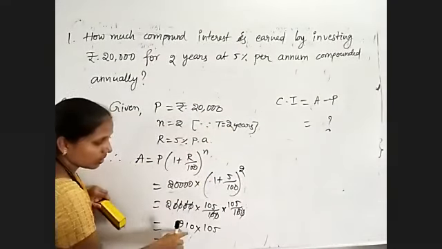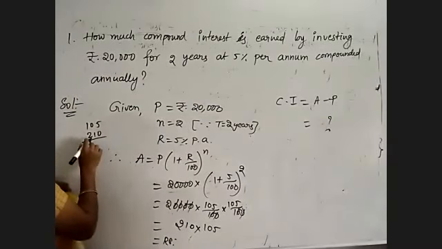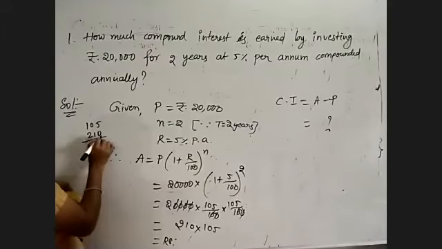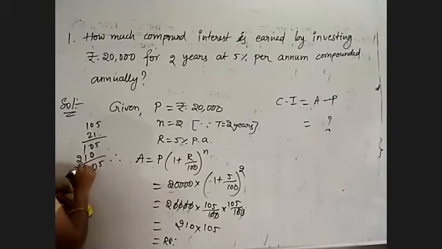Now do the calculations: 105 into 210, which we must do. 1 5 is 5, 0, 1, 2 5s are 10, 2 1s are 2, 5 0 2 2, and 1 0 we get because of the 0.